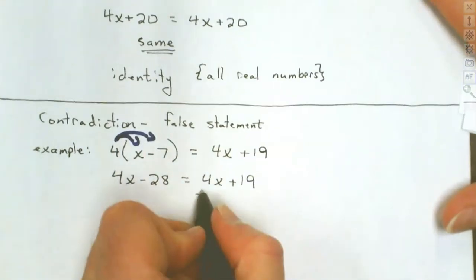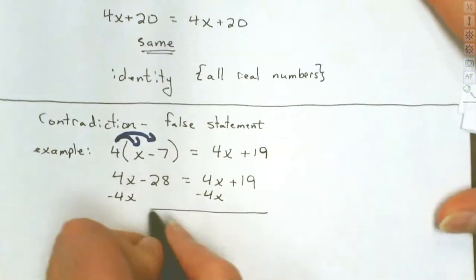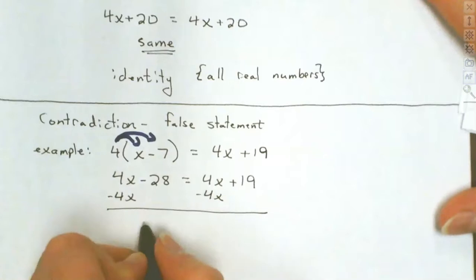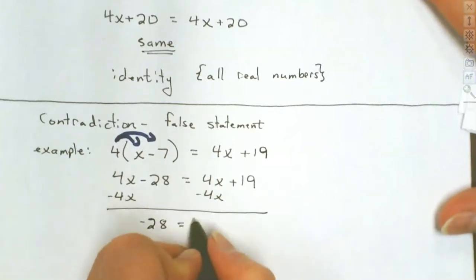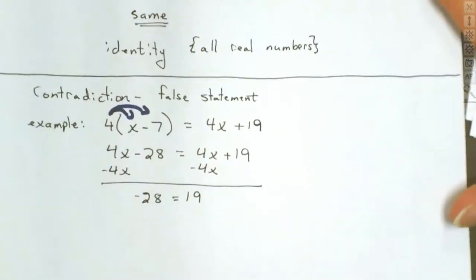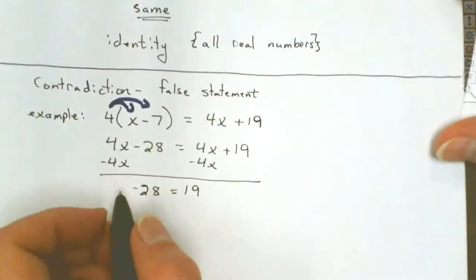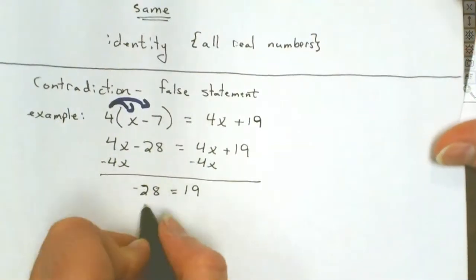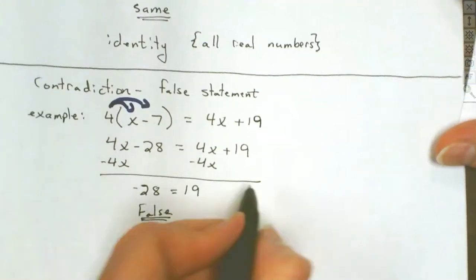When I move that 4x over with subtraction, that leaves you then with a minus 28 equals 19. And does minus 28 equal 19? No. We know that's a false statement, right? Minus 28 does not equal 19, so that's false. So this is a contradiction.